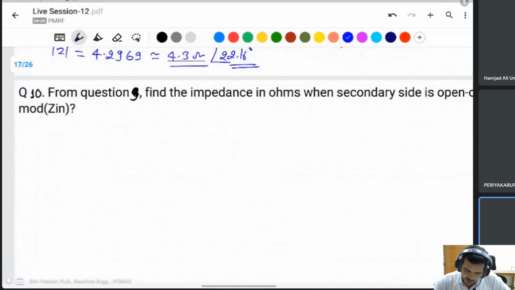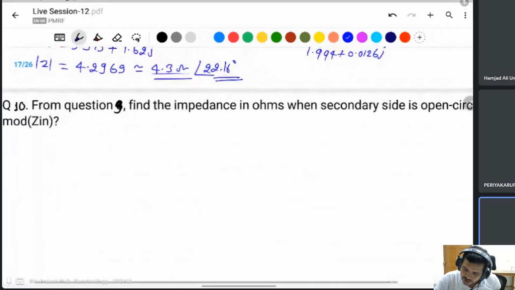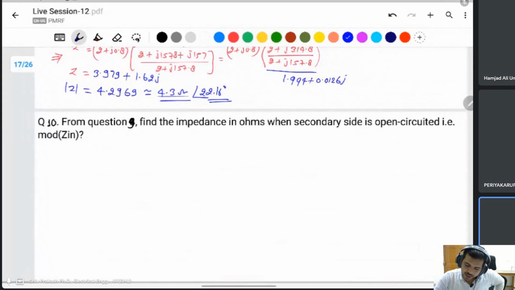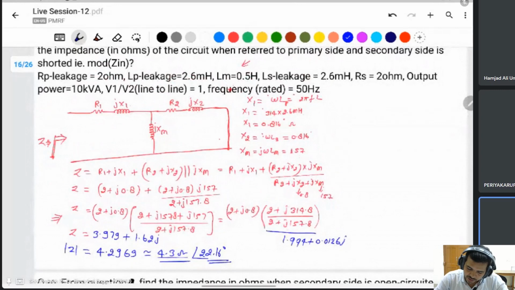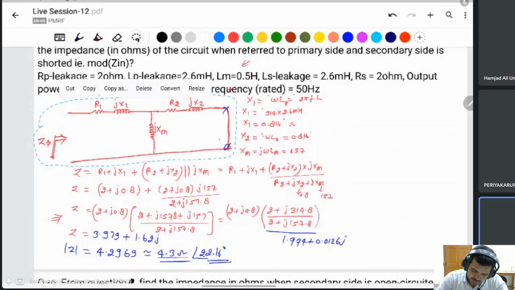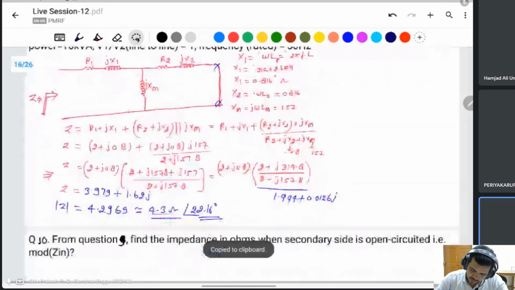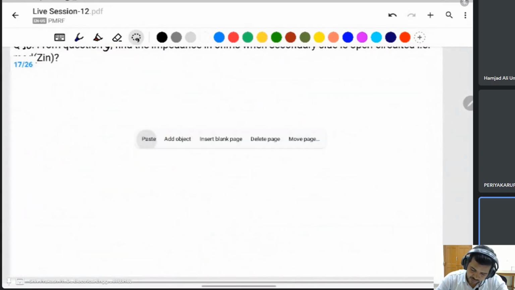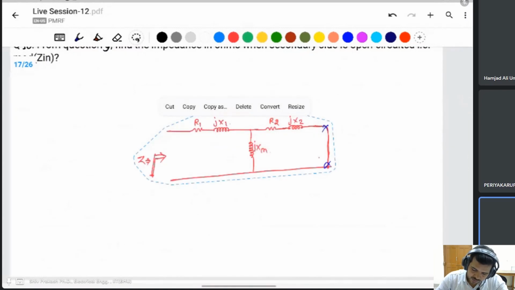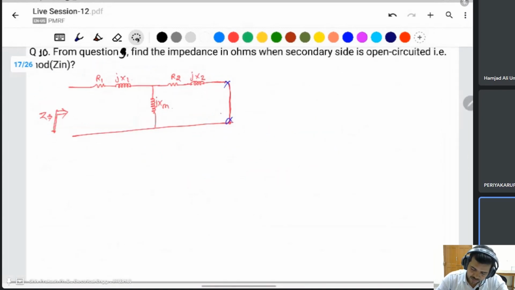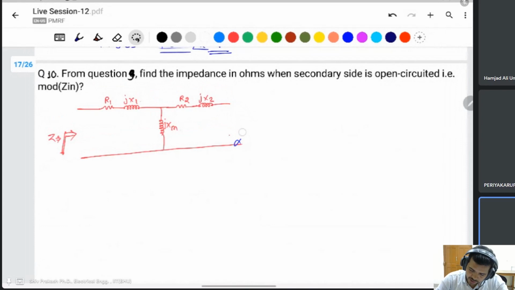Okay. And the same question, find the impedance in ohm when the secondary side is open circuit. Same thing, if the secondary side is open, this is the open.